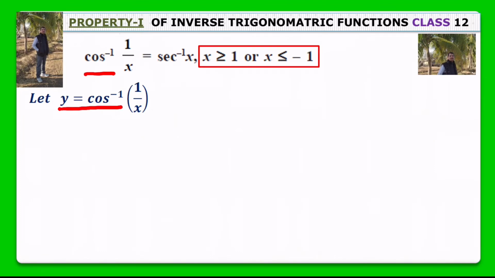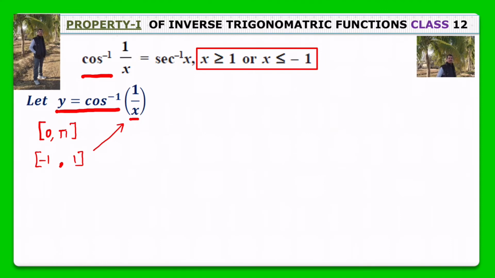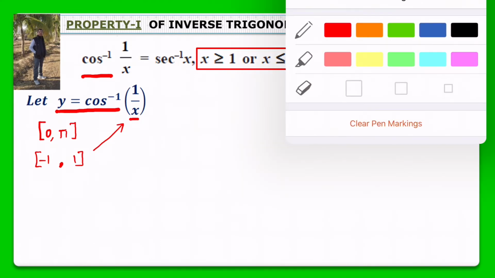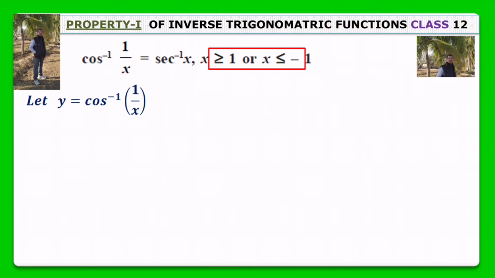Then first we will decide whether 1 upon x belongs to the domain of cos inverse or not. We will determine this. For this, consider 1 upon x, as we know that the value of x is either greater than equal to 1 or less than equal to -1.